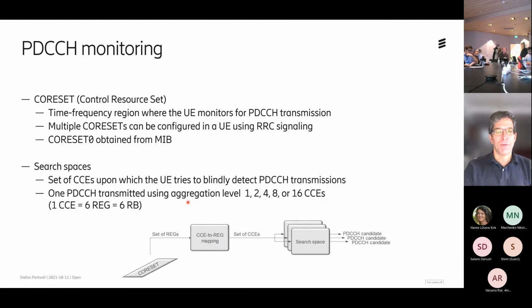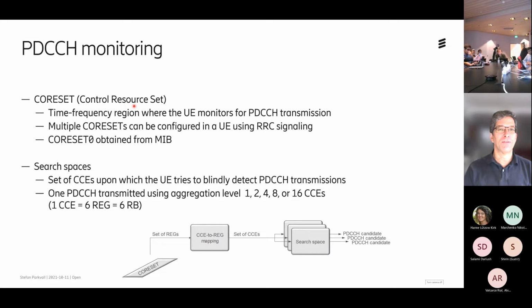But then comes a lot of abbreviations here, so bear with me. We have something we call the CORESET, or control resource set. That's a time-frequency region that you configure where the UE monitors for control channel transmissions, or PDCCH transmissions.